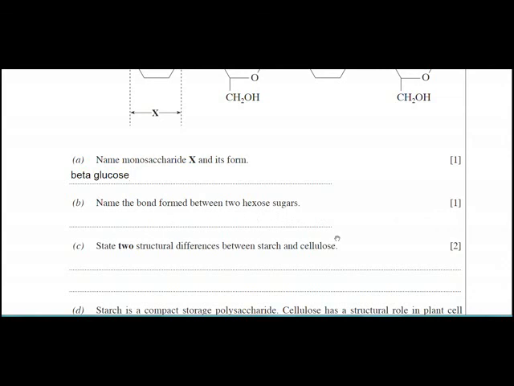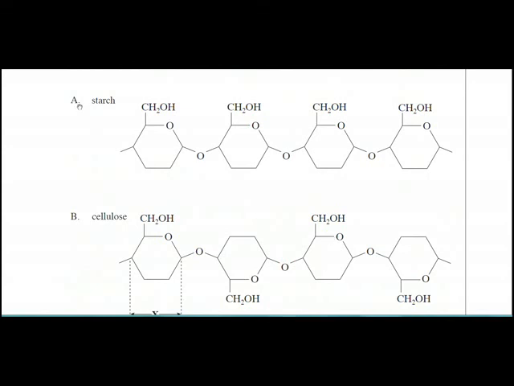If we look at the structures of starch and cellulose, as you know, starch is made up of alpha glucose, and cellulose is made up of beta glucose. Both alpha and beta glucose are hexose sugars because they have 6 carbons. I'll arrow the carbon number 6 there in the alpha glucose monomer, and carbon number 6 is in the same position in the beta glucose monomer of cellulose.